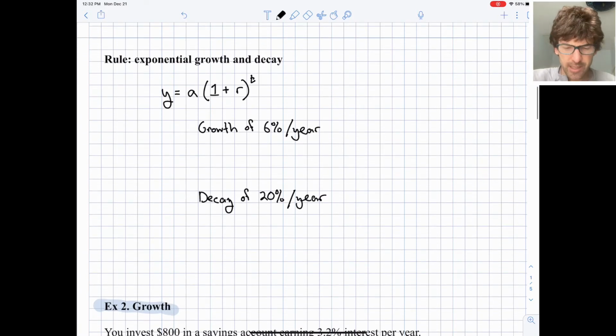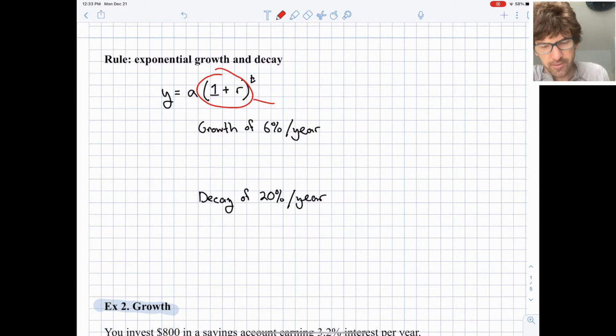Exponential growth and decay. We have a particular formula, and it's really not much different from our standard form for exponential functions. We have y, we have a, and then slightly differently, we have a 1 plus r instead of b. This combined together gives us our growth rate. And our independent variable here is t for time.